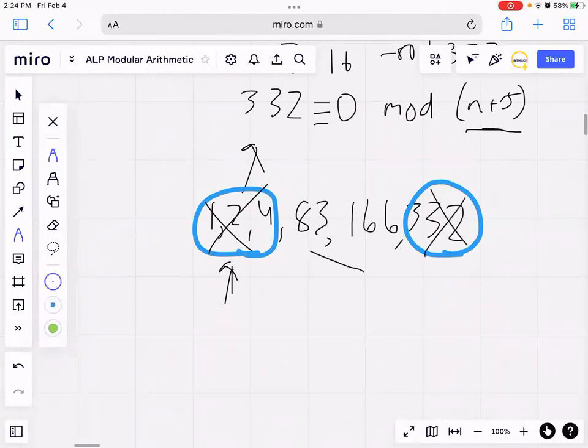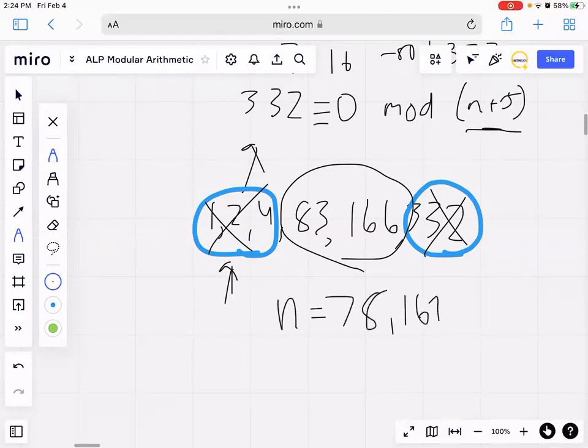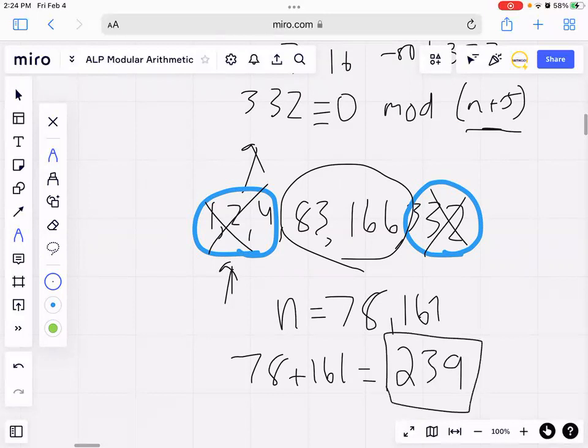This leaves us with these two solutions, 83 and 166 for n plus 5. So n can be 78 or 161, and 78 plus 161 is equal to 239, which is our final answer.